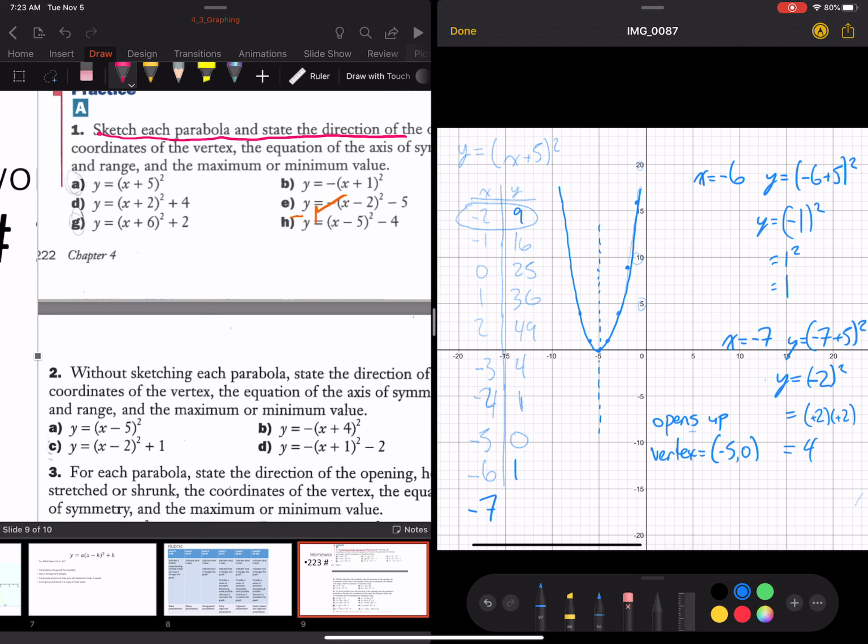The equation of the axis of symmetry: that's my axis of symmetry. The equation is x equals minus 5. Let's erase some of this, we don't need this anymore.